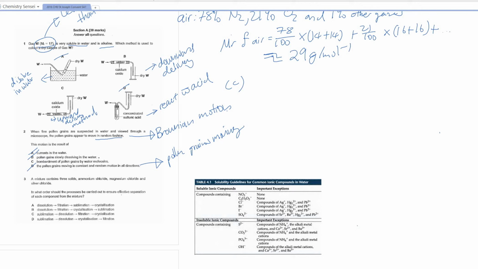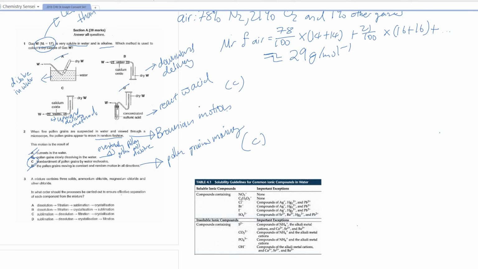For option B just now, this is incorrect because eventually the pollen grain will dissolve, which is not the case. The correct answer is option C, where the movement is caused by the bombardment of pollen grains by water molecules.